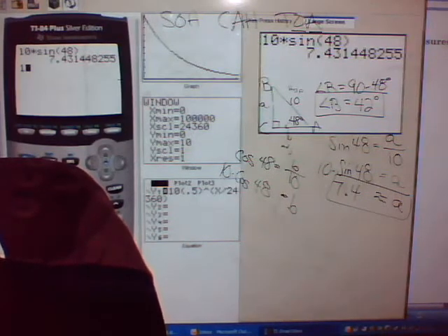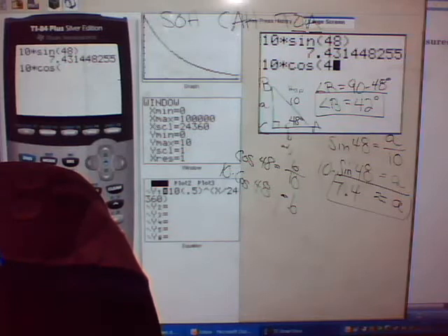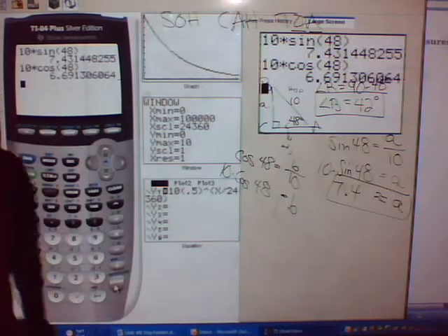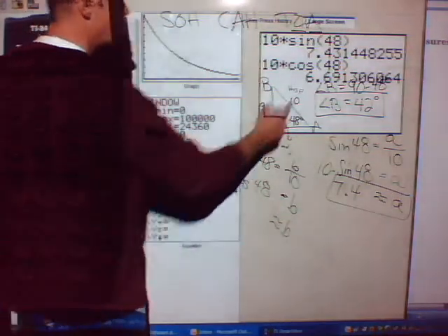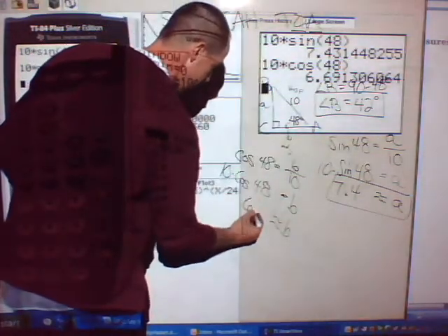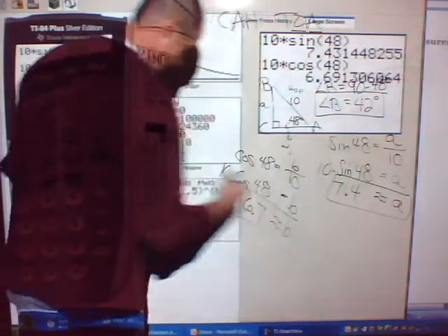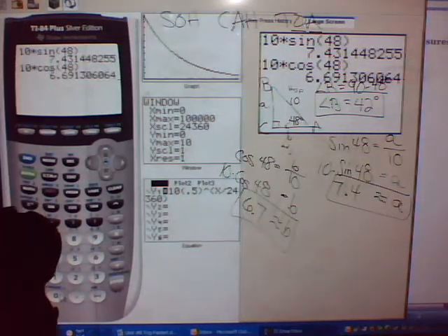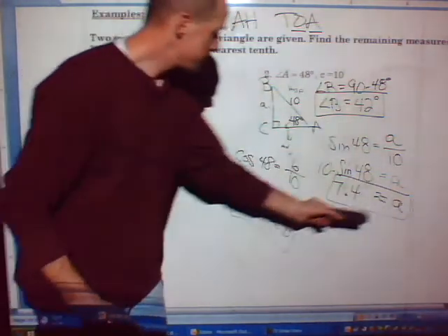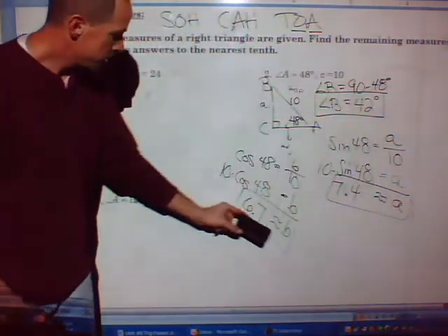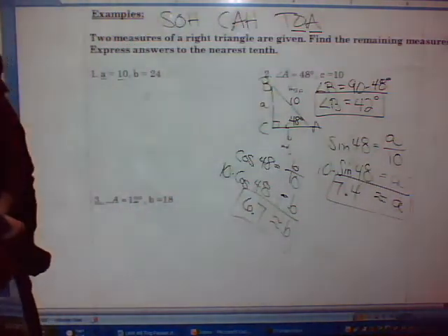So we want 10 times the cosine of 48. And that comes out to B being approximately equal to 6.7. Okay? So angle B was 42, side A 7.4, side B 6.7.